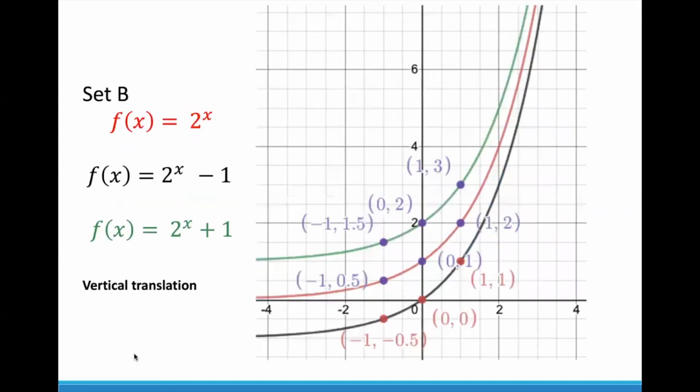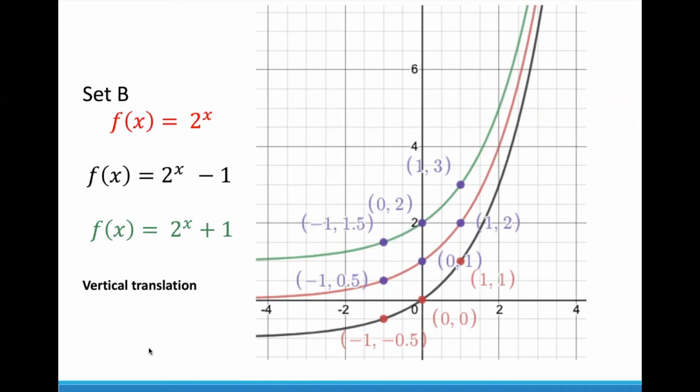On the other hand, if we add or subtract to the function, that is the vertical translation. Again, you have the basic points of the function in the red graph. And then the black one, this time it is minus 1 on the function, the movement is downward. And if it is plus 1, the movement is upward.